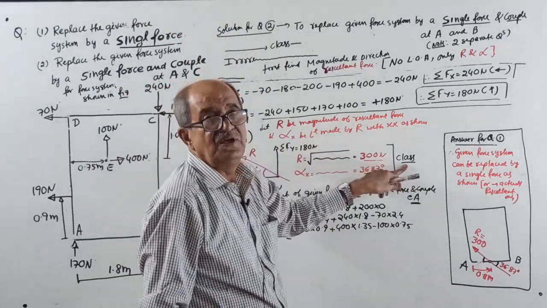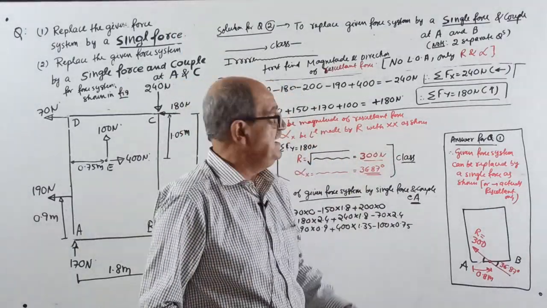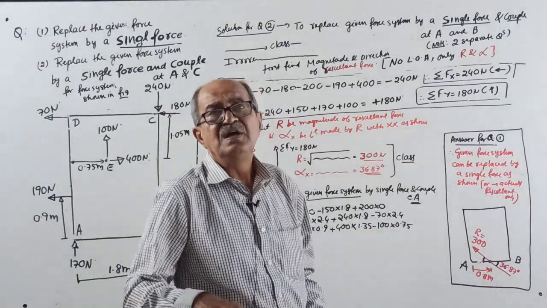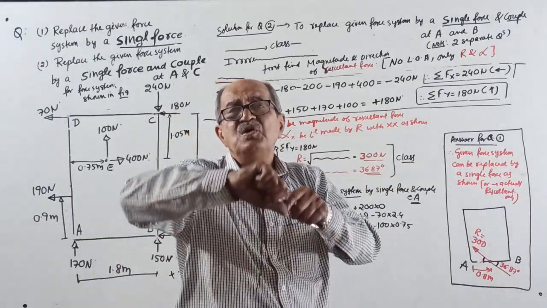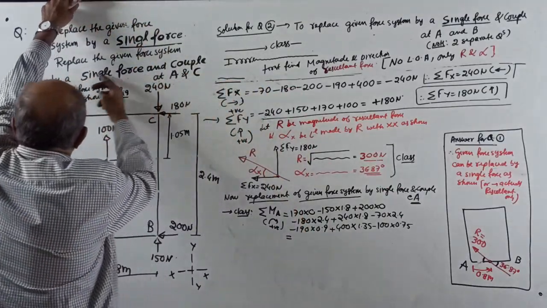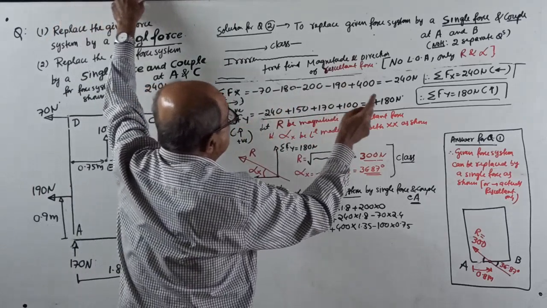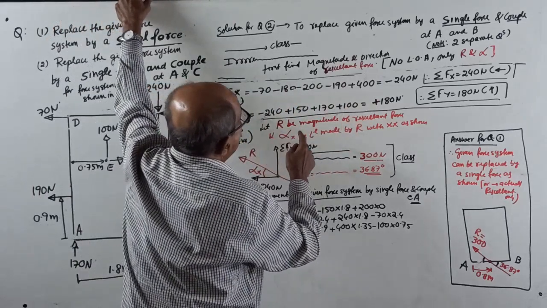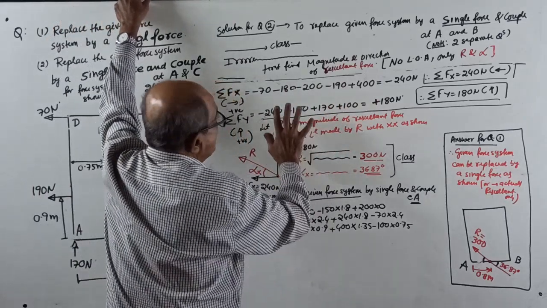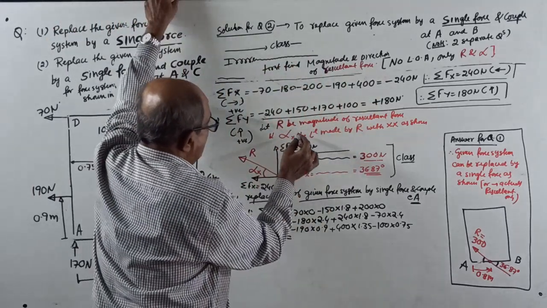Okay, class. We got the single force right here. Now, along with that single force, we want a couple. That couple is nothing but the algebraic sum of moments of the given force system about the point you want. We are right now doing it at which point? Not written yet. So now do one thing. Okay, R over.